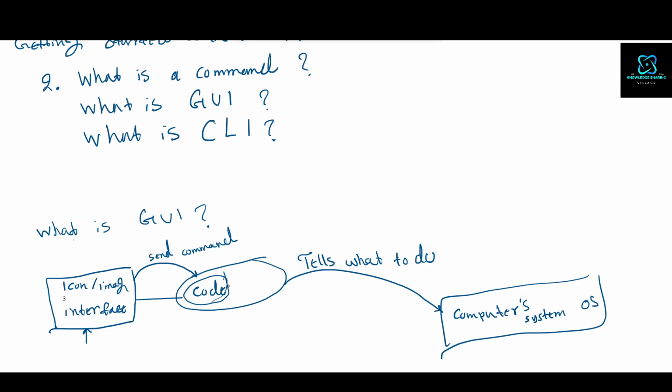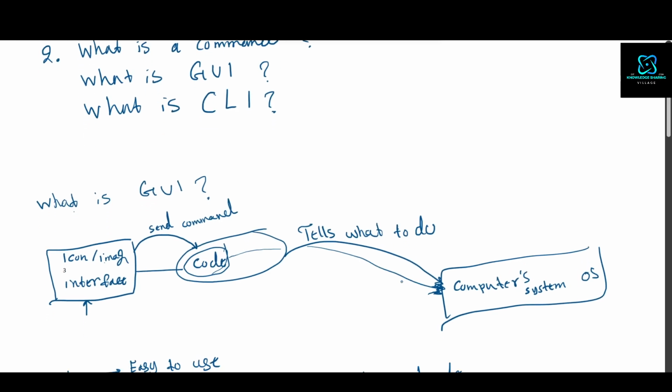This code then tells your computer system or operating system to do that thing. Behind every icon or image in the graphical user interface, there is a code. When you click on it, the command will be sent to that code, and that code will be executed to tell your computer or operating system to do that task. If everything goes without any error, then your computer system does that.